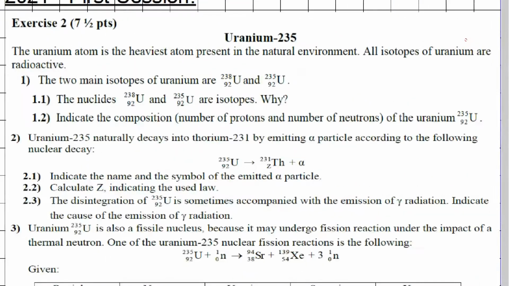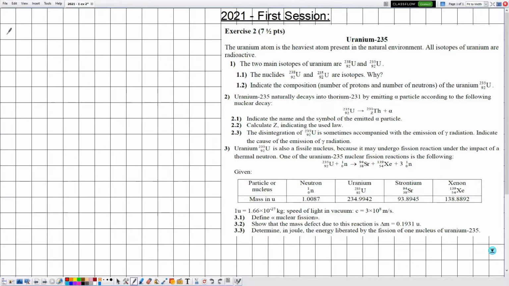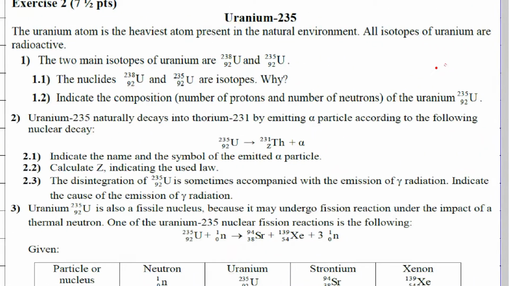Now, the uranium atom is the heaviest atom present in the natural environment. All isotopes of uranium are radioactive. Now, number 1. The two main isotopes of uranium are given here.